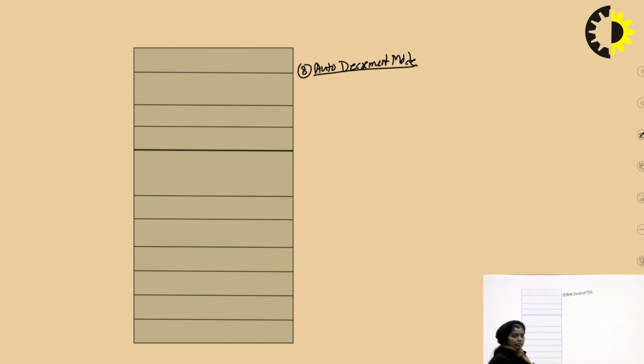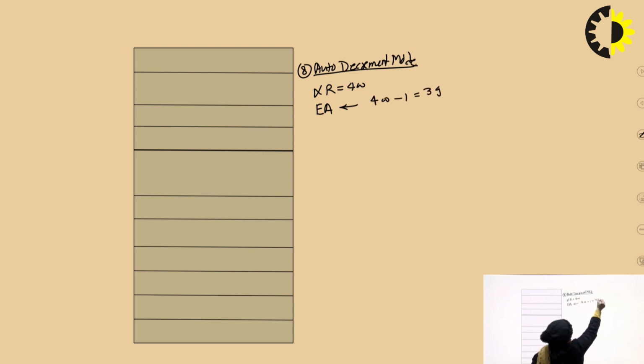Whatever the register value is given, the XR register value is given as 400. So, in the auto decrement mode you write XR equal to 400, and the XR value is going to be decremented. The effective address is 400 minus 1, that is 399.